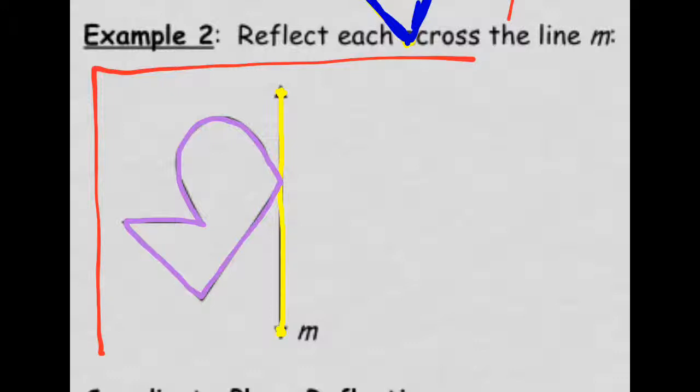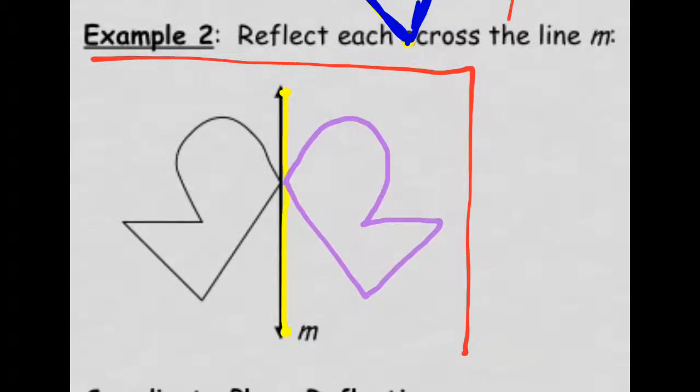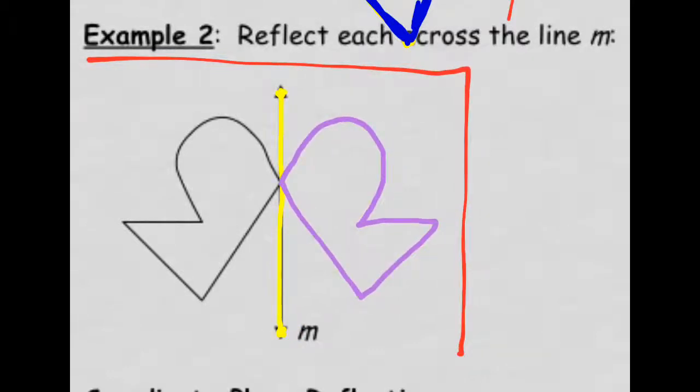And after I do a good job getting all that graphite on the patty paper, I'm going to flip the patty paper and then lay it down. And then remember, I'm going to trace over that image on my patty paper and try to transfer that graphite onto the paper.